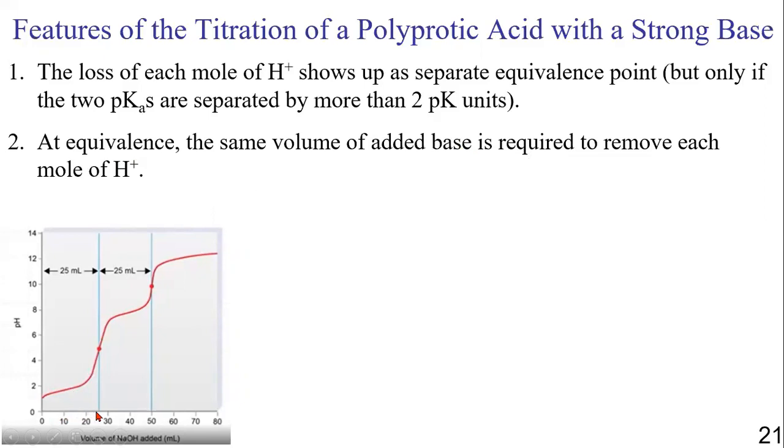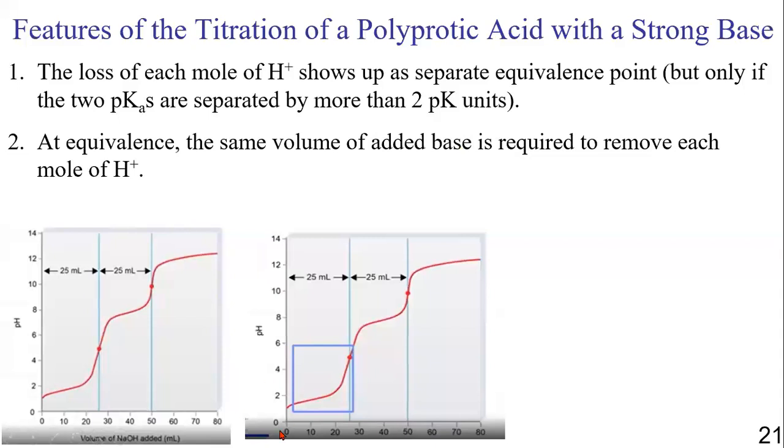So for example, if I need 25 milliliters to go from, so here we're splitting up these curves into two different curves. The first curve starts from this point and continues all the way to the first equivalence point and maybe slightly above. What that curve is for this diprotic H₂A is it becoming neutralized and deprotonated as we're adding OH minus, and here we have the volume of OH minus being added.